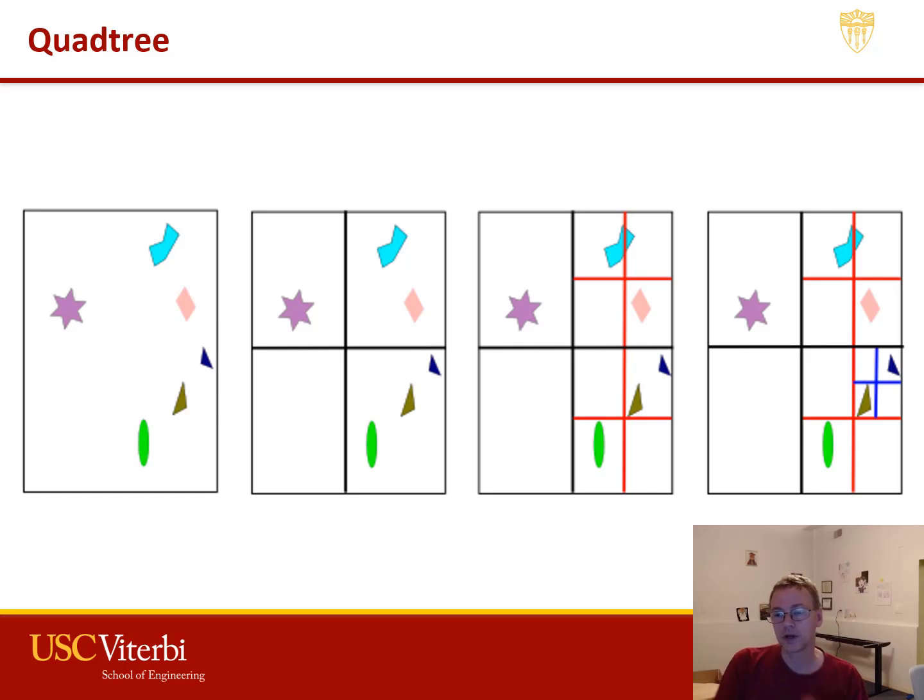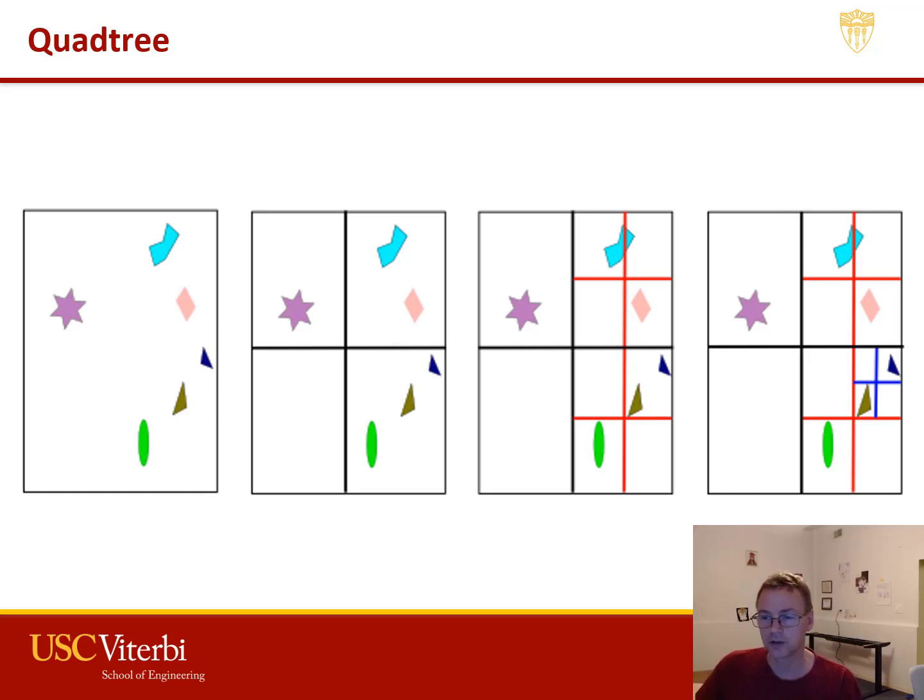What we'll do then is put each object into the sub-node that it fits into. So we'll see that this pink parallelogram fits into this sub-node, and these 2 triangles can go into these 2 little teeny sub-nodes.